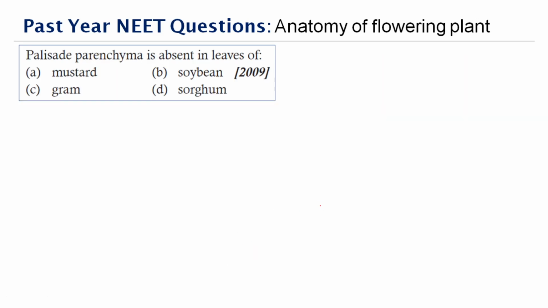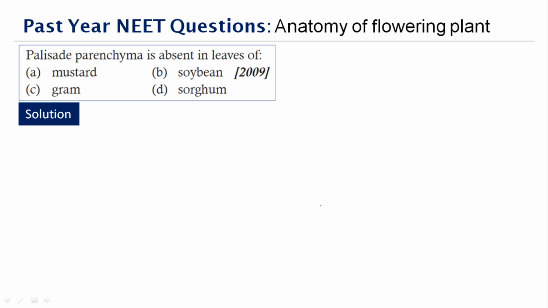Next, move on to the next question here. Palisade parenchyma are absent in leaves of dash. This is an easy question for you, but it has a very big explanation. Palisade parenchyma is absent in leaves of sorghum. It is a leaf tissue composed of columnar cells containing numerous chloroplasts in which the long axis of each cell will be perpendicular to the leaf surface. Now what is sorghum actually?